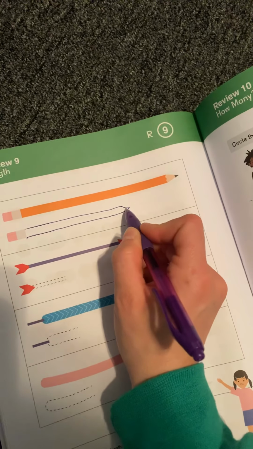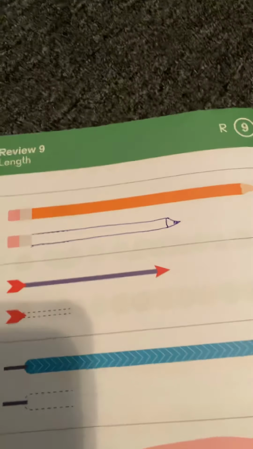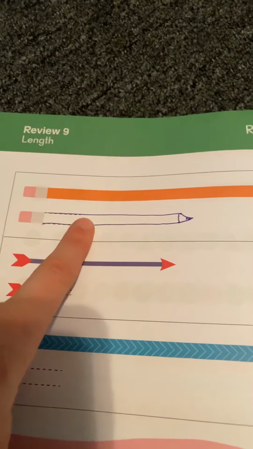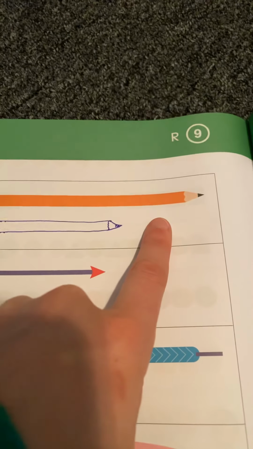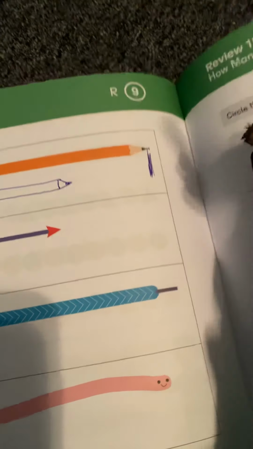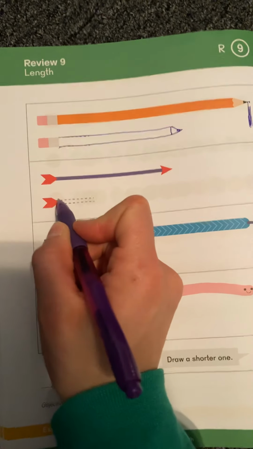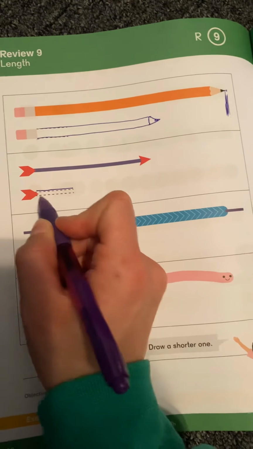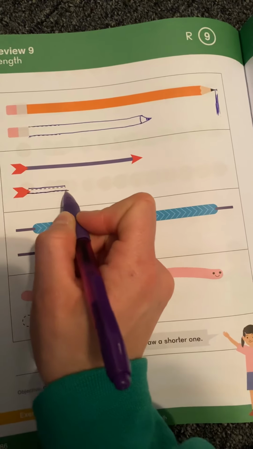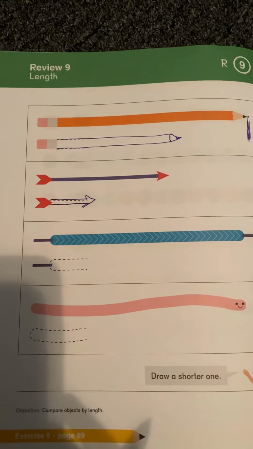There's my pencil. You could make yours this short, or you can make it right to here, as long as it's shorter than this one. It just can't go past that spot. Same thing with the arrow. You're going to make a shorter one. I'm going to keep this one nice and short. And you can do the same thing for the next two.